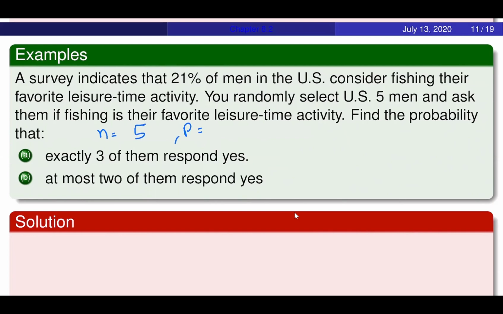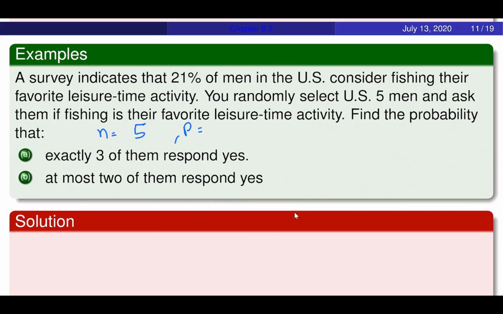And P will be the probability that their favorite leisure time activity is fishing, and that's 21%, so 0.21. So N is equal to 5 because they selected 5 men, and P is equal to 0.21 because that's the probability that their favorite leisure time activity is fishing.